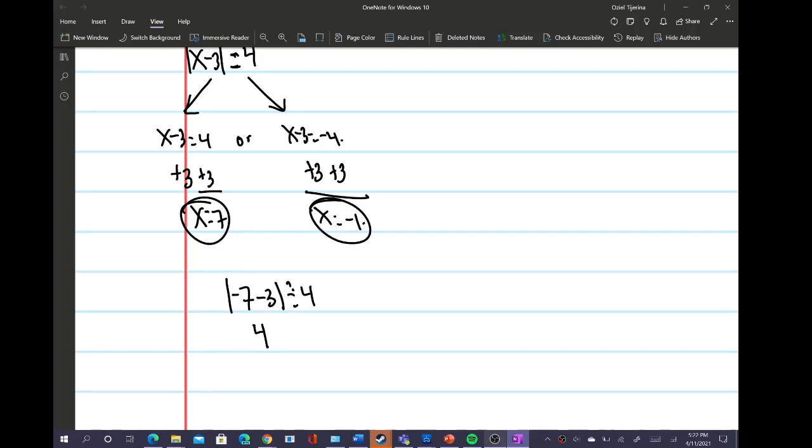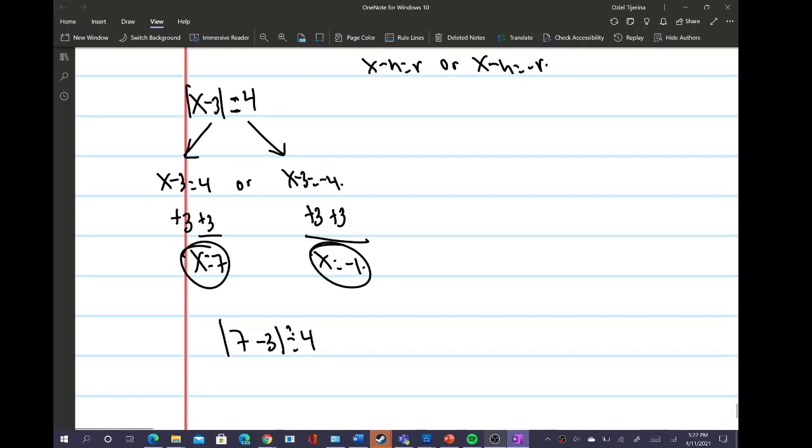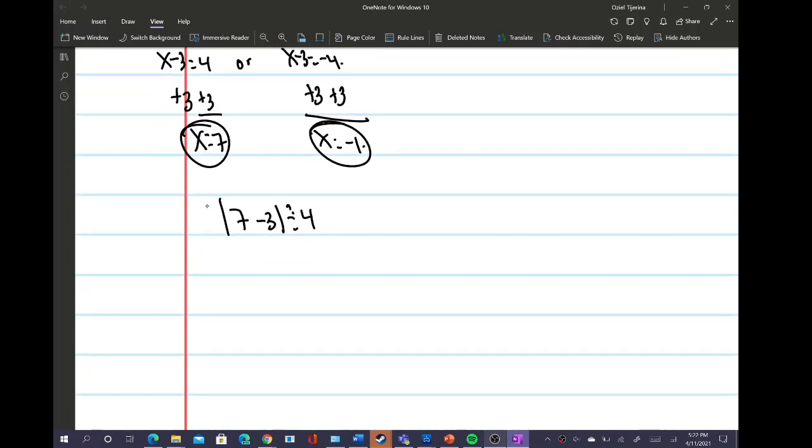That's the absolute value of 4. Is that equal to 4? You say 4 equals 4, and you say, okay, that's a good one. That's the correct answer, right?